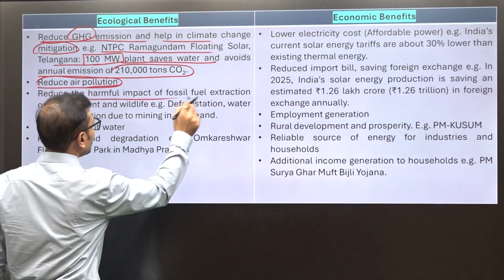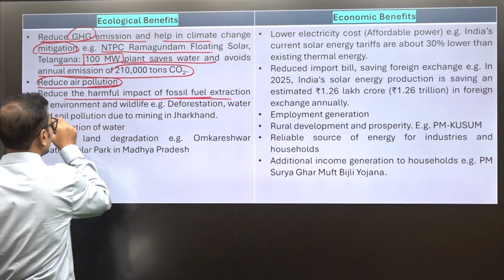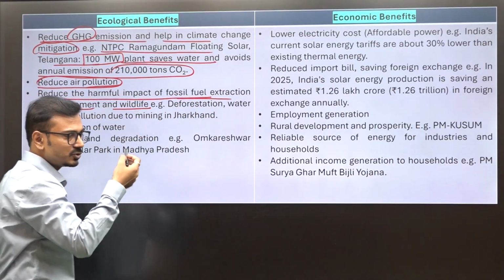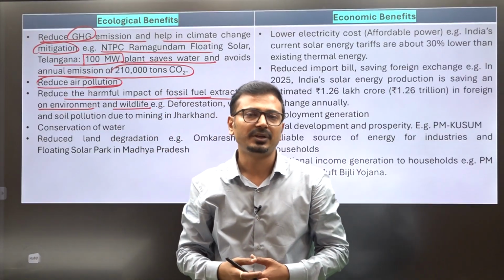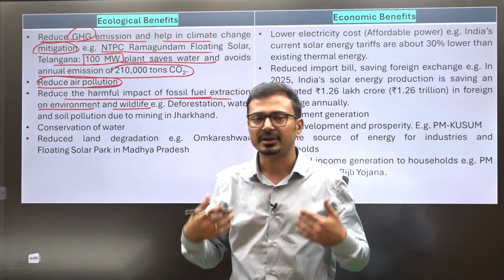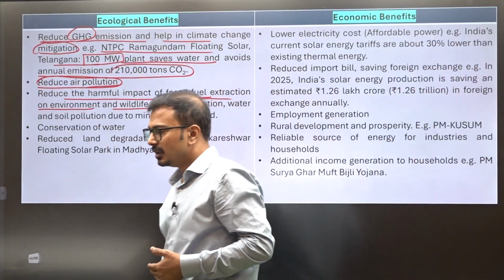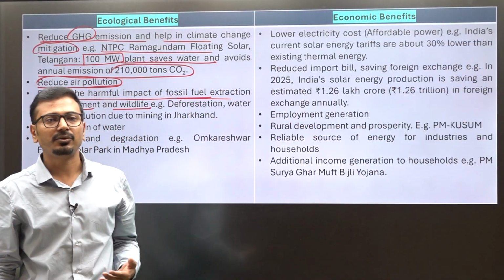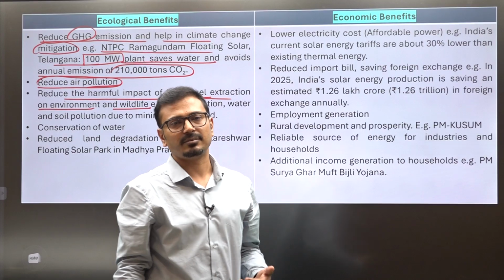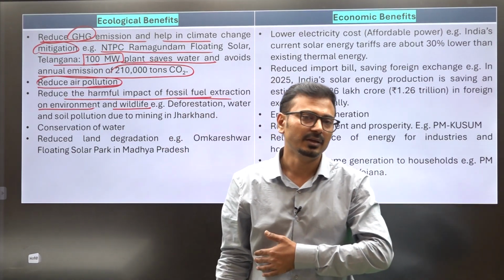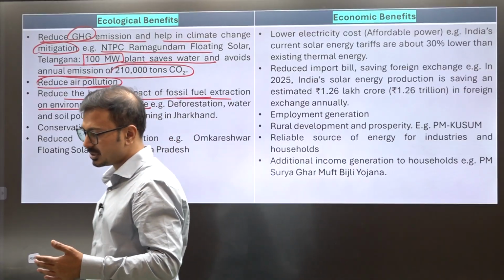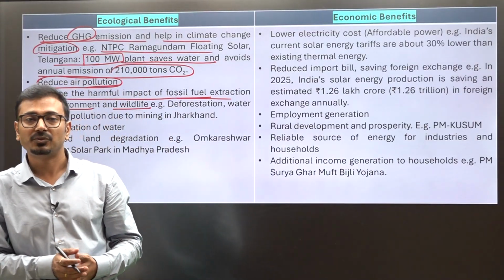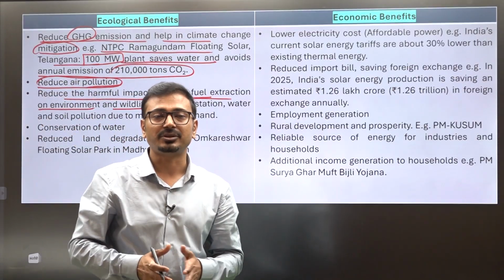Reduce harmful impact of fossil fuel extraction on environment and wildlife. That is also true, because solar energy is without any kind of deforestation or affecting the lithosphere of the earth. Through mining, let's take the example of coal mining, we are basically disturbing the lithosphere, extracting it, deforestation, and because of that there is wildlife habitat destruction.